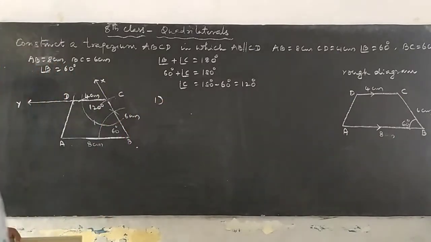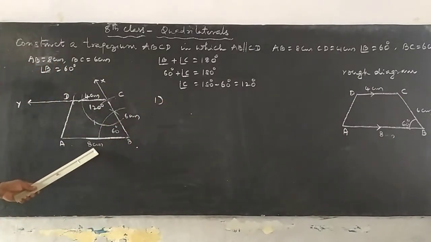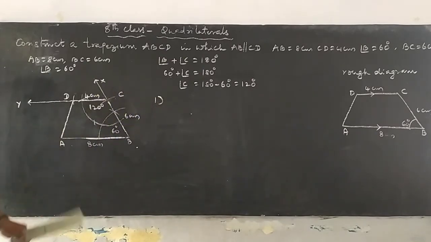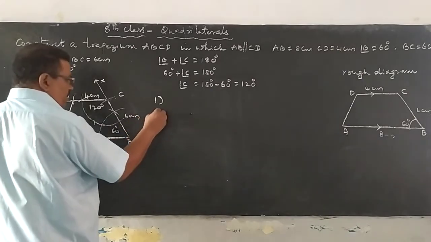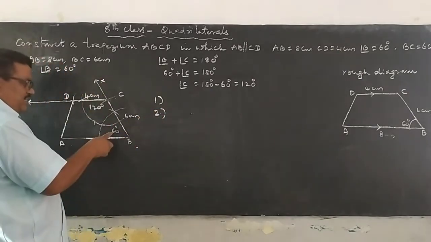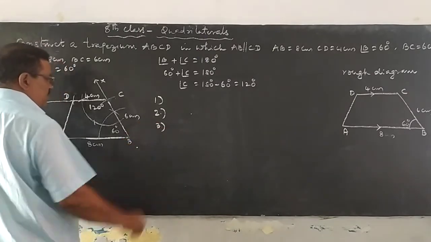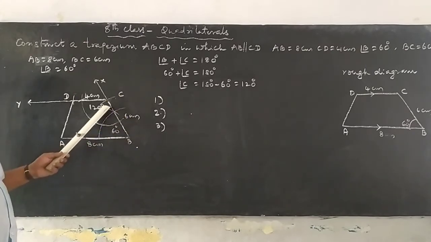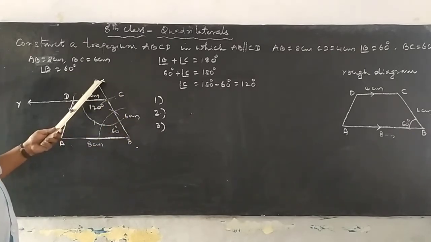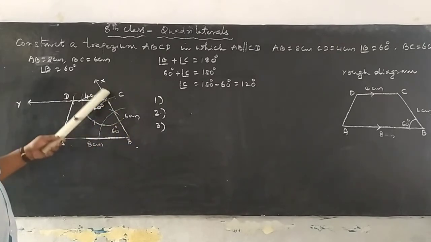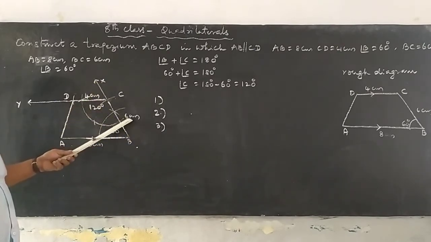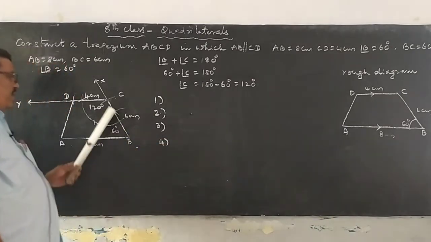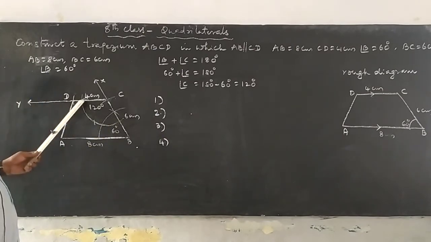Steps of construction, children. First, take AB equal to 8 centimeters as the base of the trapezium. Second point, draw a ray BX making an angle 60 degrees. Third step, with 6 centimeters radius and B as center, draw an arc intersecting the BX ray at C. Fourth one, with C as center, draw a ray CY making an angle 120 degrees.